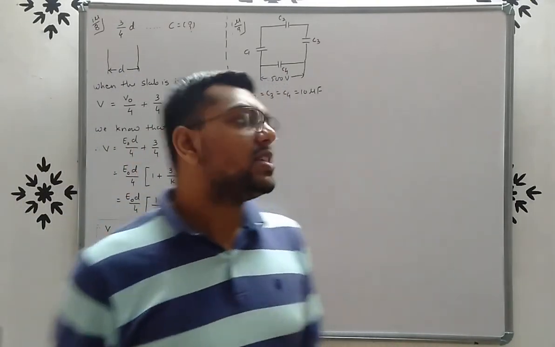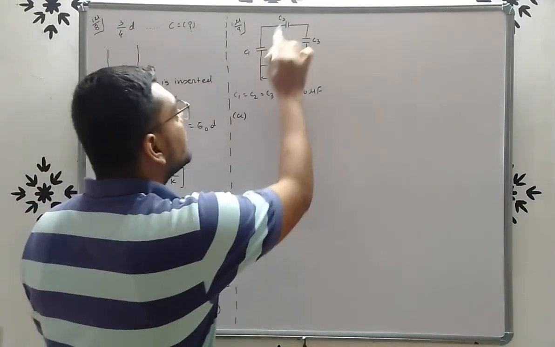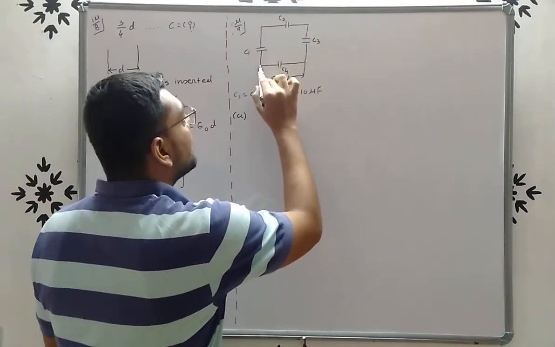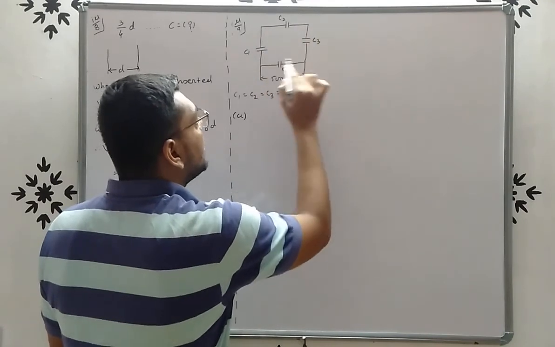Right? Now see the figure, friends. Here C1, C2 and C3. See. Right? So these capacitors C1, C2 and C3 are in one line.